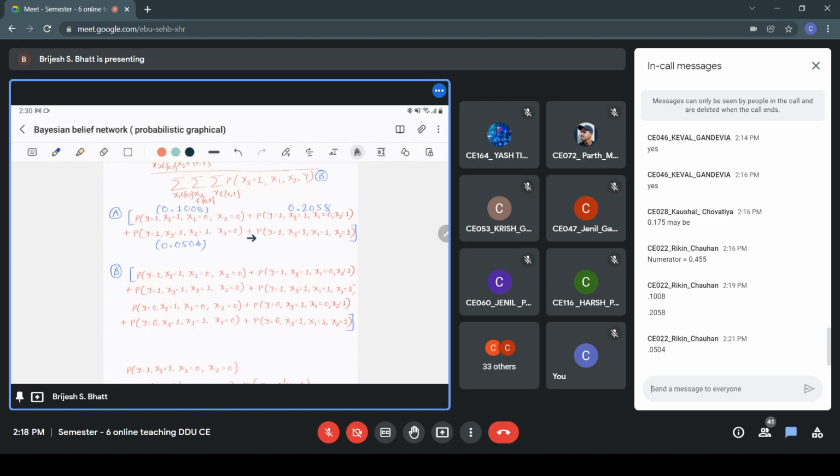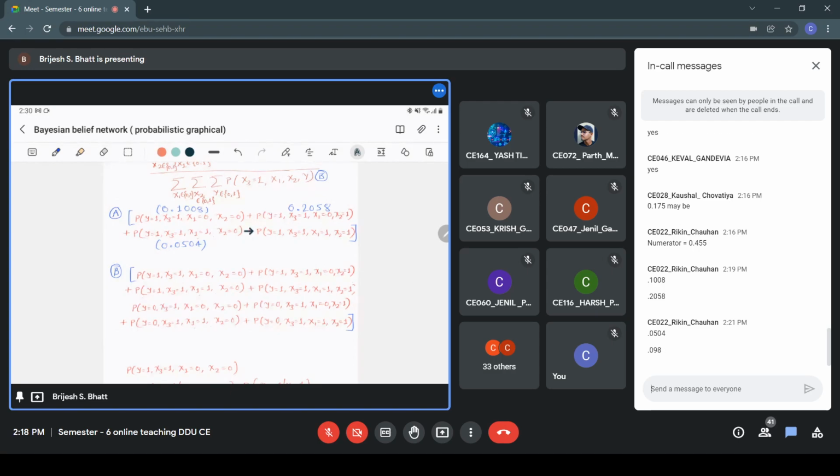Fourth value? 0.098. Okay. So I will repeat these four values here also in the denominator, and then you tell me the remaining values.